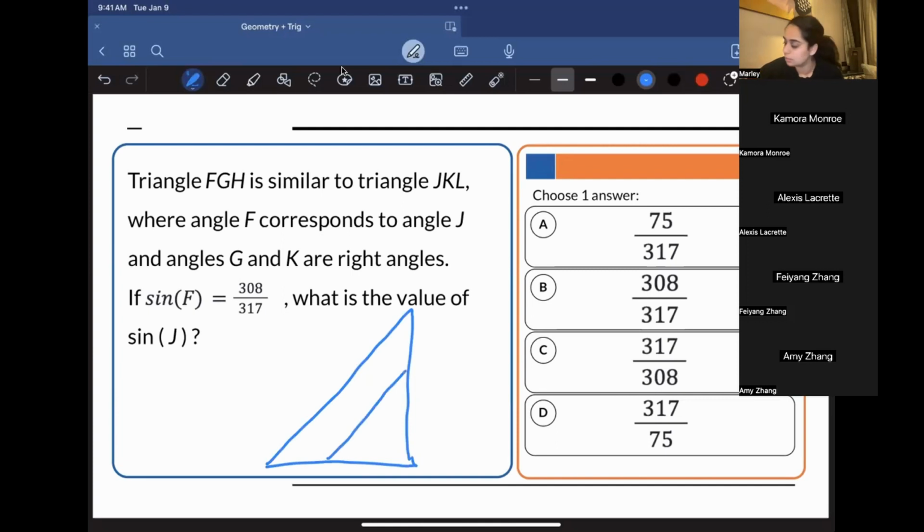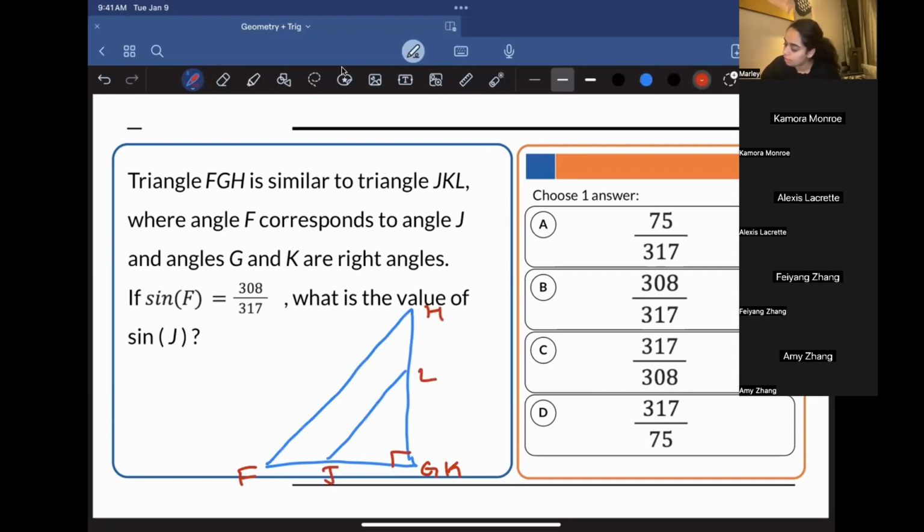And G and K are the right angles. So this is G and K. So let's say this is FGH. And this one, just keep it in red, that's fine.